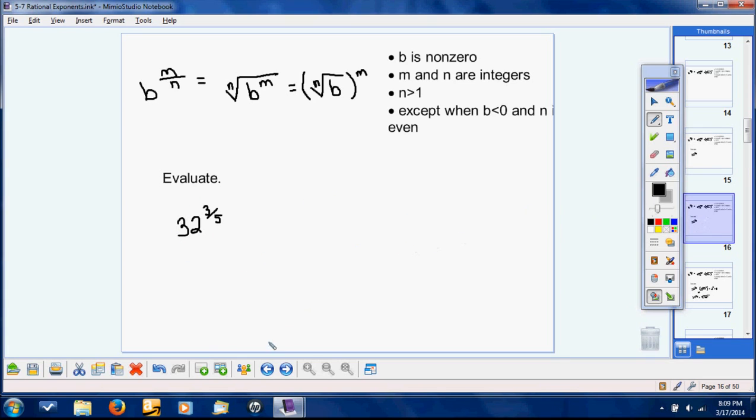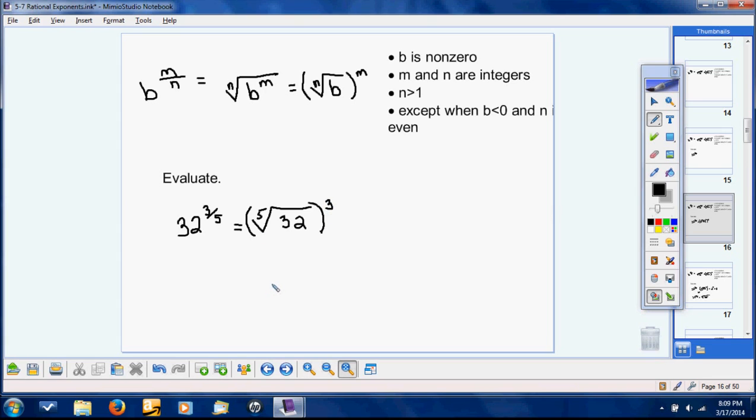Alright, so first thing we're going to do is rewrite it. Actually I want to do this one first. We're going to find the 5th root of 32 and take it to the 3rd power.